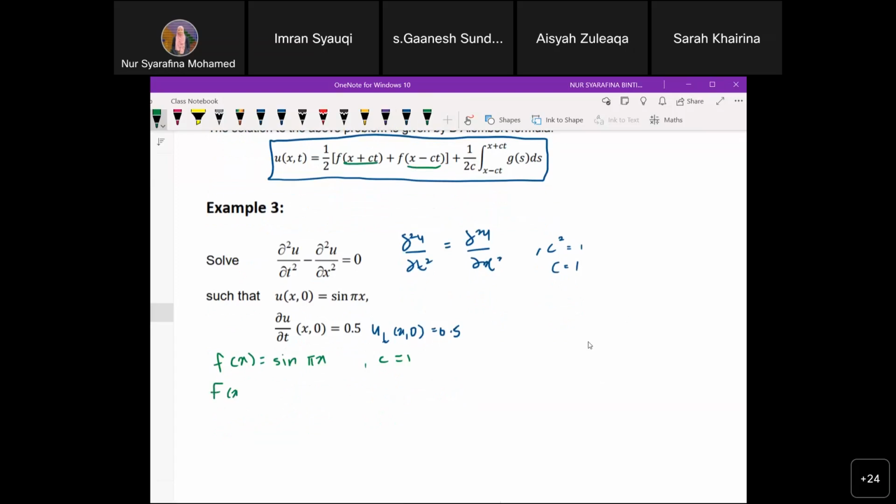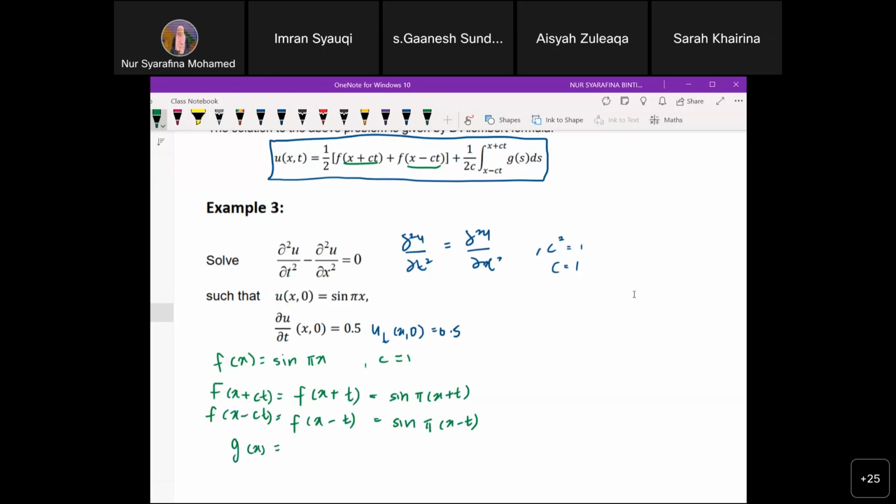So f(x + ct) equals f(x + t), where c equals 1, which is sine pi (x + t). And f(x - ct) equals f(x - t), which is sine pi (x - t). And then what is your g(x)?